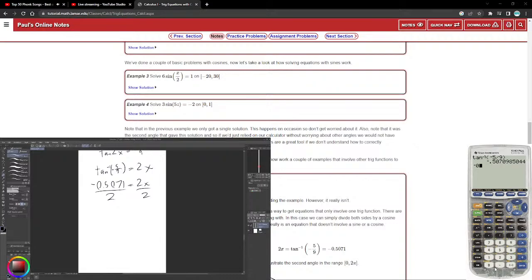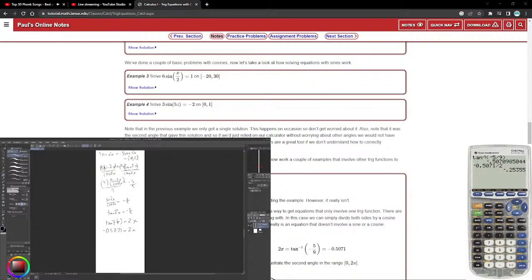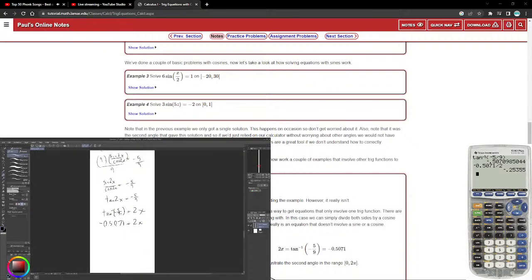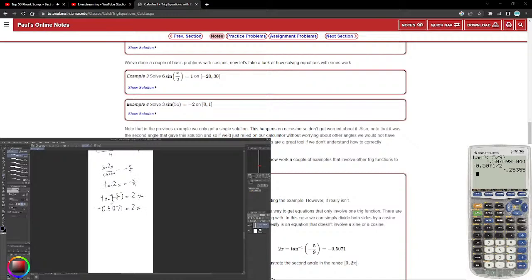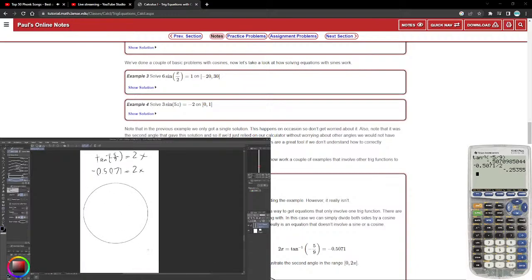So -0.5071 divided by 2. X, you know what, I don't want to divide by 2 yet actually. Because what this gave is the radian for the unit circle.